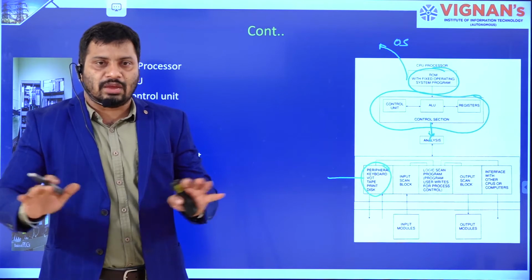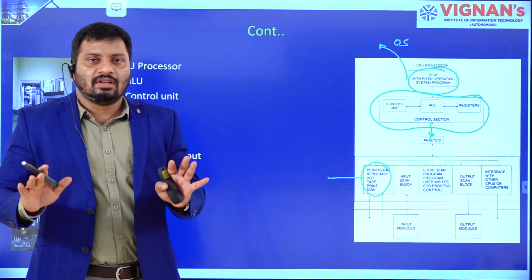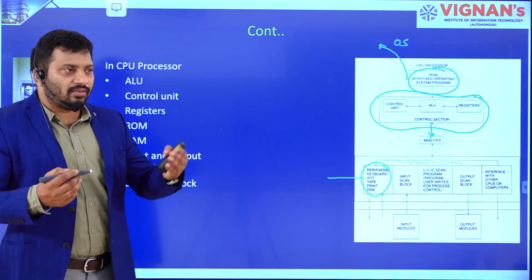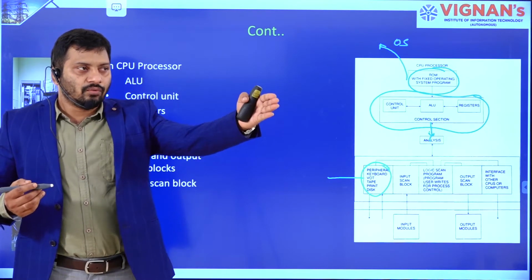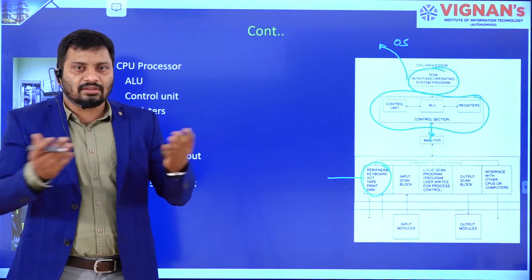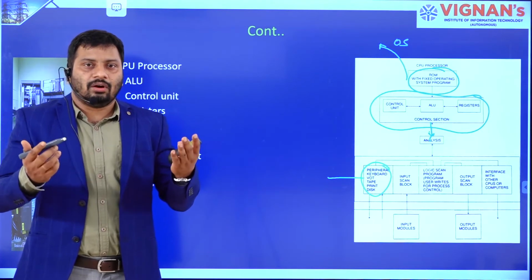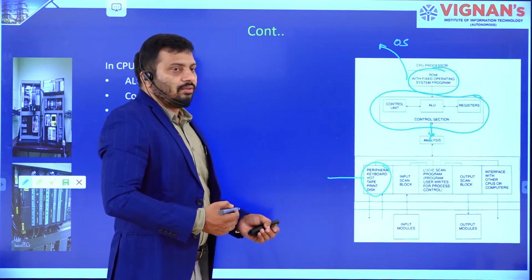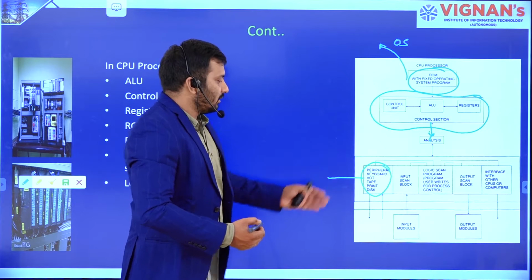We have a mouse, keyboard and screen to see the written program. These are just peripheral devices, like how you connect them to a system to enter the program as well as to see the result on the screen. Like that you can connect peripheral devices here.